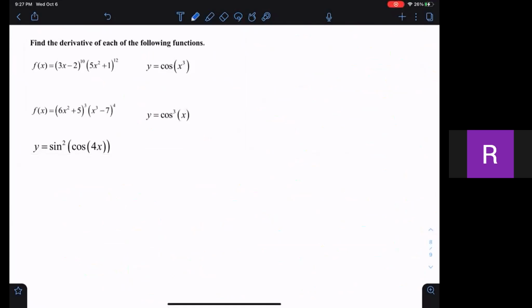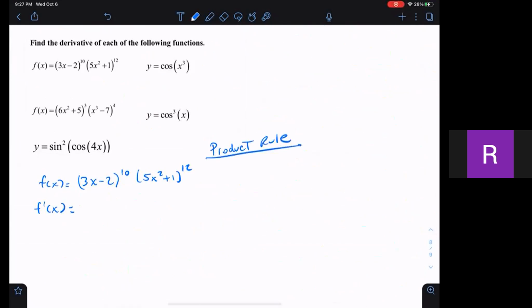Okay, find the derivative, right? So f of x equals (3x minus 2) to the 10 power times (5x squared plus 1) to the 12 power. So f prime of x, this is the product rule, right? Product rule. Okay, so this is 10, (3x minus 2) to the 9 power times 3, right?